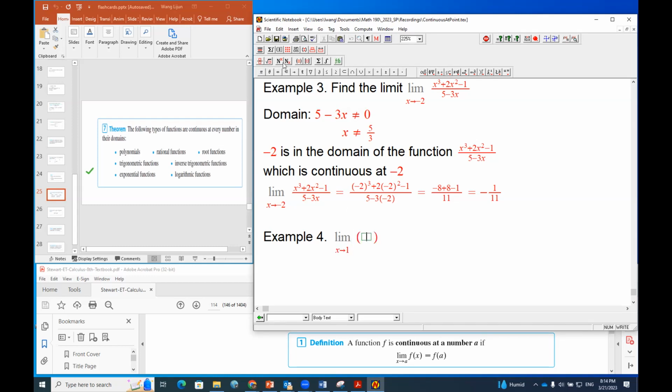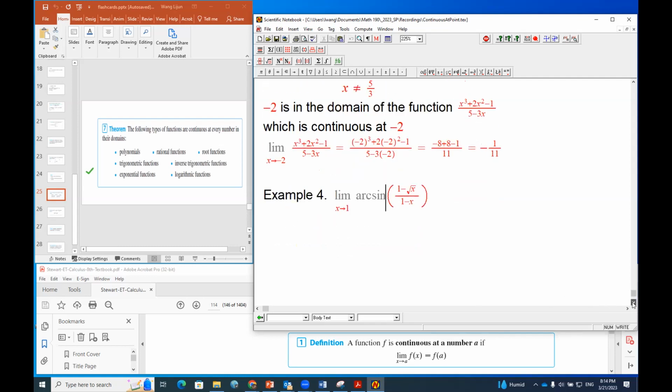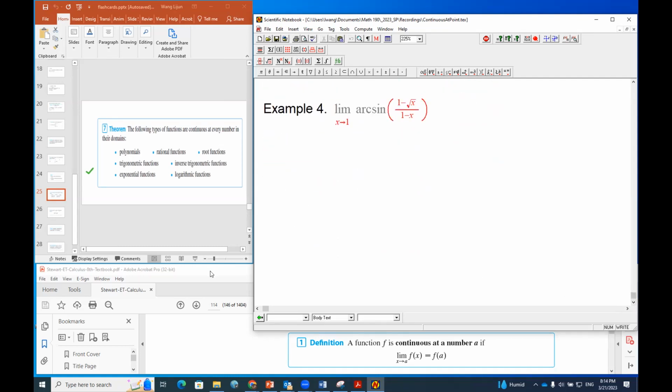We have an interesting expression: 1 minus root x over 1 minus x, and there's an arcsine like that. To tackle this question, I wish to introduce to you the next theorem.